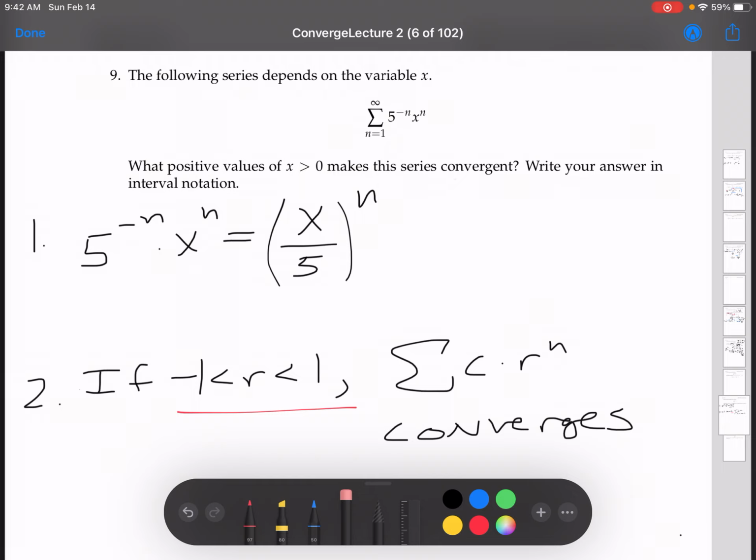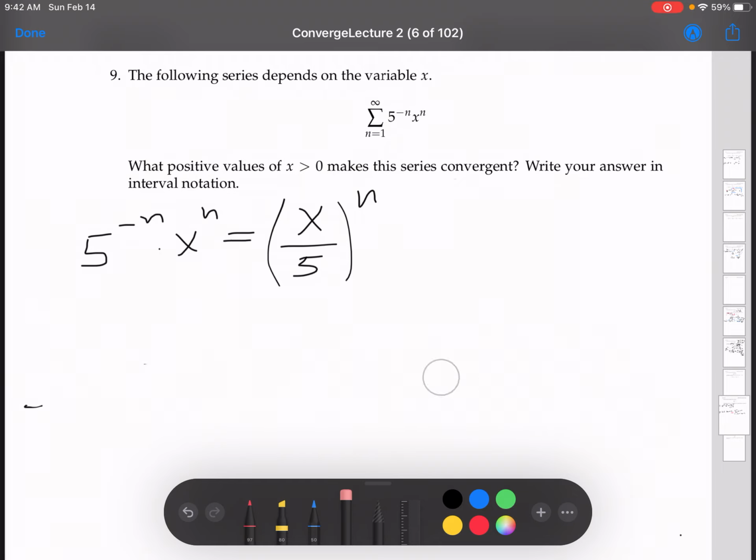All right, so how do we use these facts to solve the problem? The first step is just algebra, and it's just to transform this thing into this form, something to the power n. This one, there is no constant c, so we're not going to worry about that.